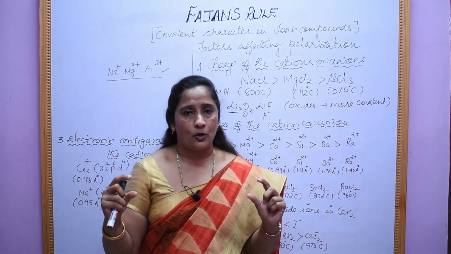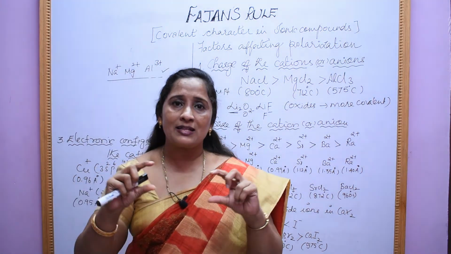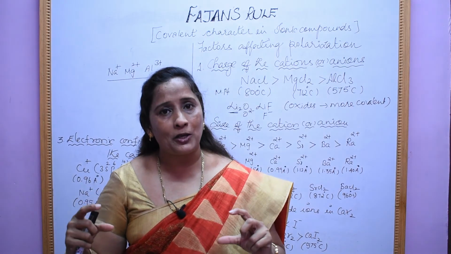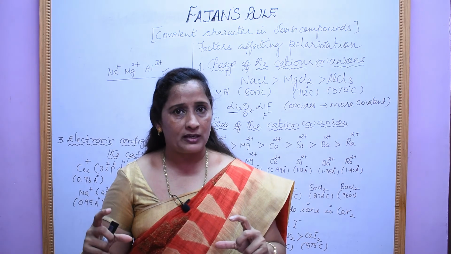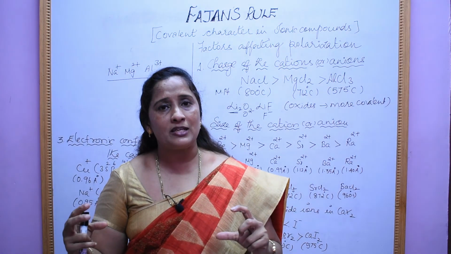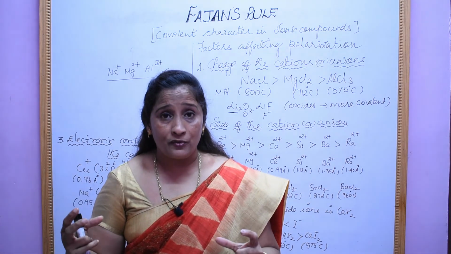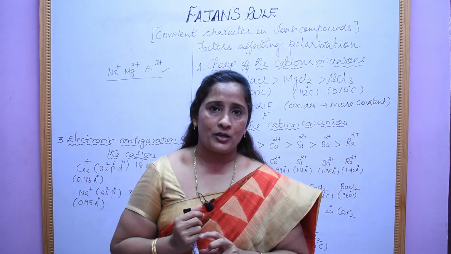Say we have two cations, and these two cations have the same charge and the same cationic radii. But the polarizing ability of these two cations will be different depending upon the electronic configuration.